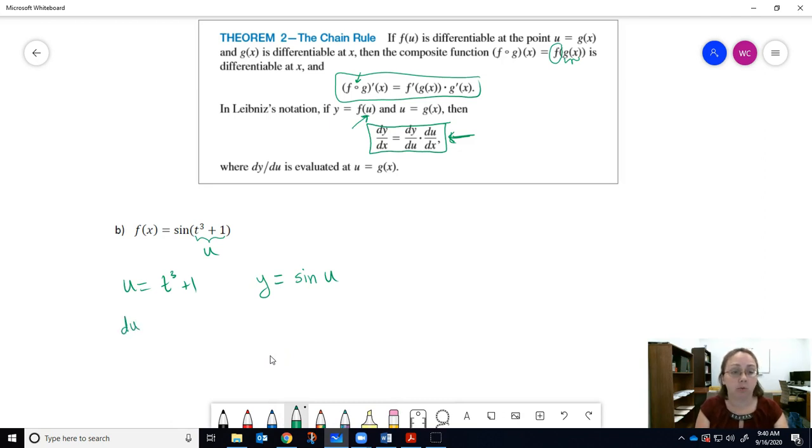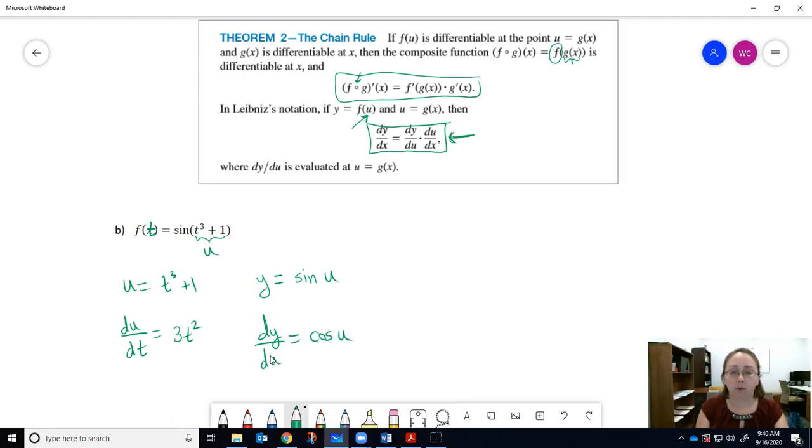So let's do it. Du dx, that should be a t up there, notation. Du dt, take the derivative, so power rule, 3t squared. And then y, derivative with respect to u. The derivative of sine we know is cosine. The inside is still u.